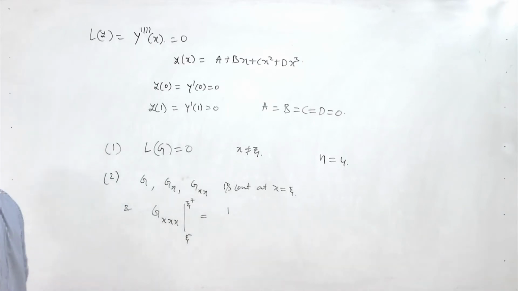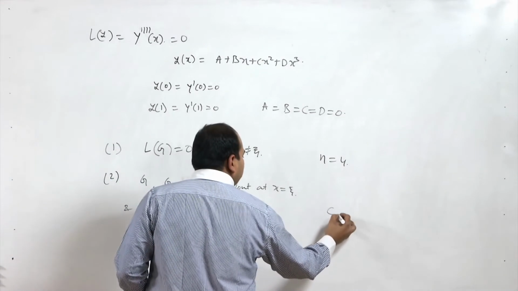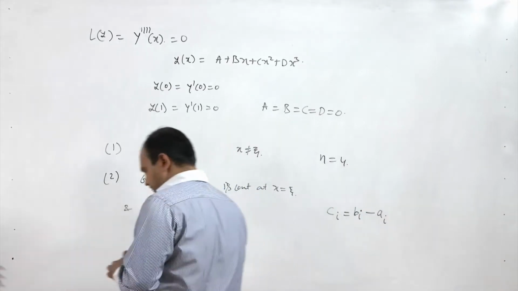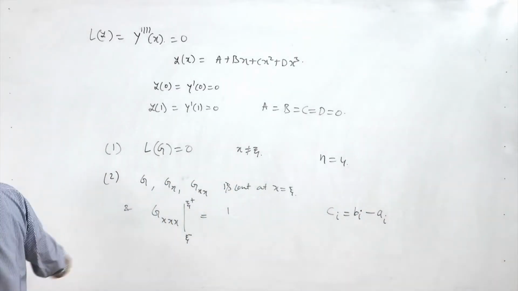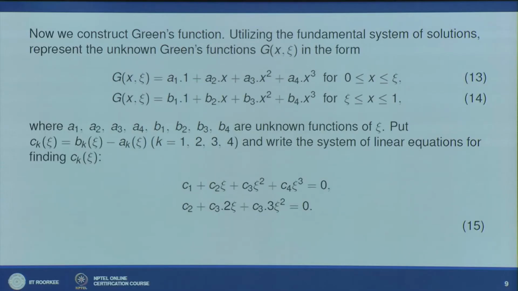If you use this condition and assume that Ci is equal to Bi minus Ai, then we can write these conditions in this particular format. C1 plus C2 xi plus C3 xi square plus C4 xi cube equal to 0, where we are using that G is continuous at x equal to xi.